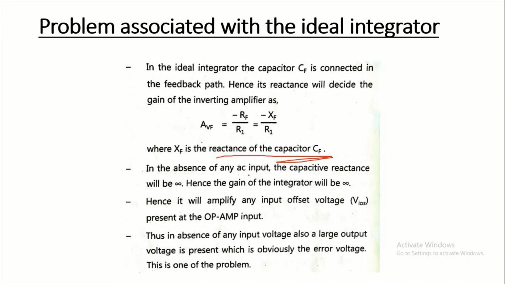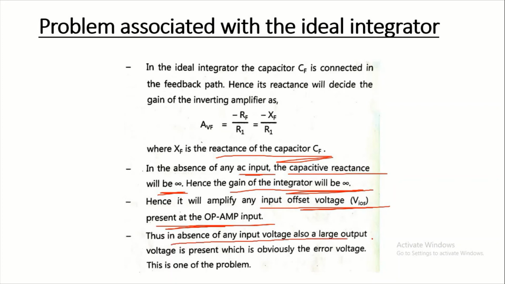In the absence of any AC input, the capacitive reactance will be infinity. Hence, the gain of the integrator will be infinity. Hence, it will amplify any input offset voltage VIOS present at the op-amp input. Thus, in the absence of any input voltage, a large output voltage is present, which is obviously the error voltage. This is one of the main problems of this ideal integrator.